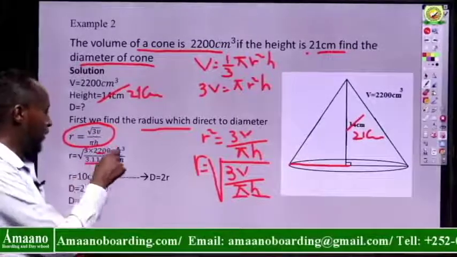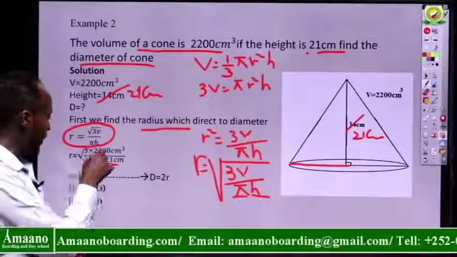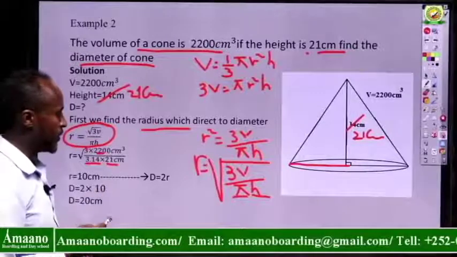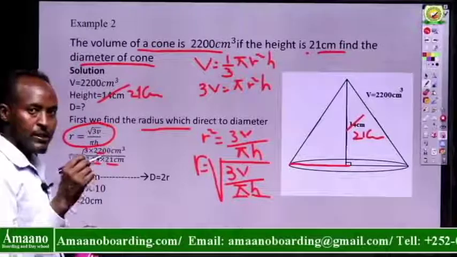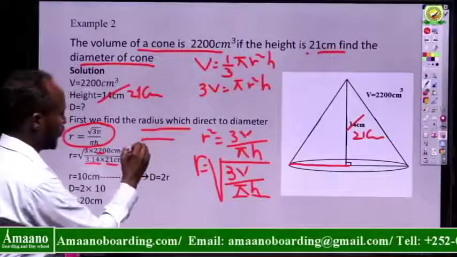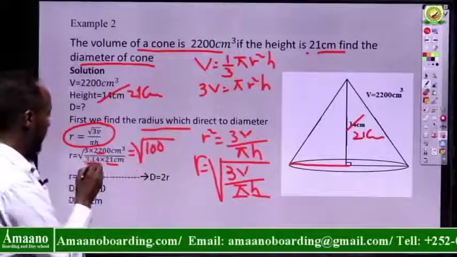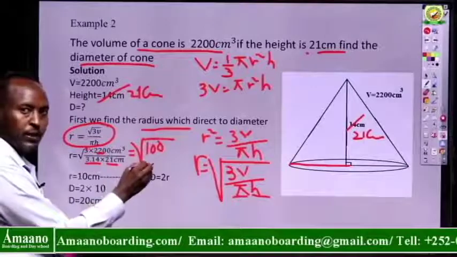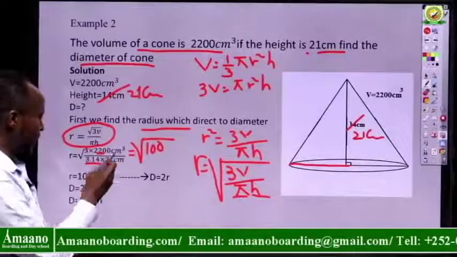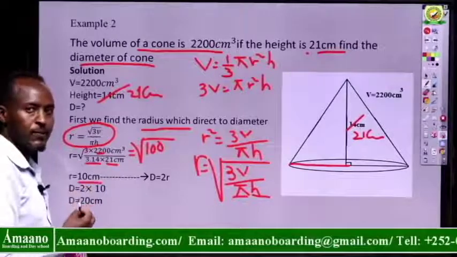Lastly, if we divide them and take out the square root, you have 10 centimeters. That is the square root of 100. If you take the square root of 100, the radius will be 10 centimeters.